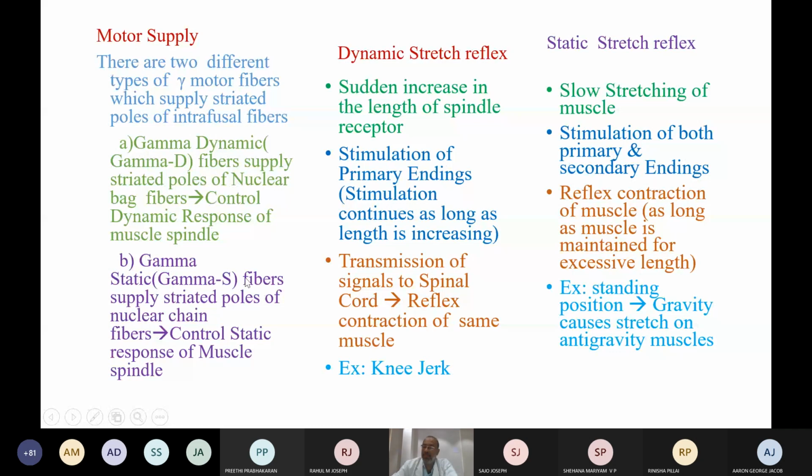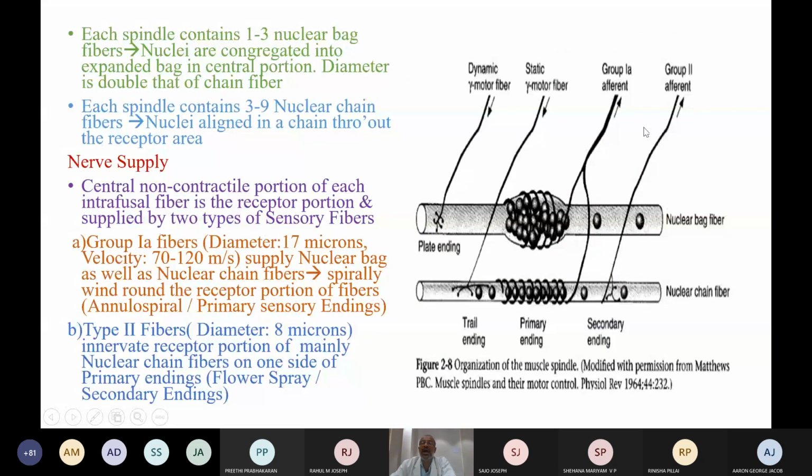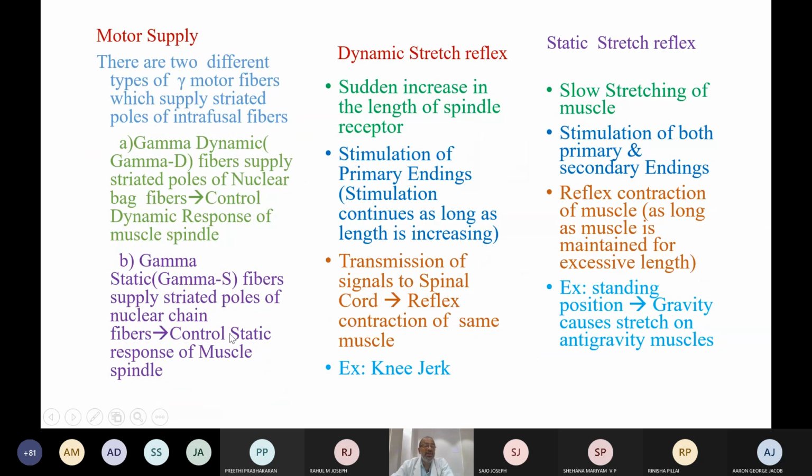Gamma static, or gamma S, fibers supply the striated poles of the nuclear chain fibers, which control the static response of the muscle spindle. Understood? So try to understand these two.